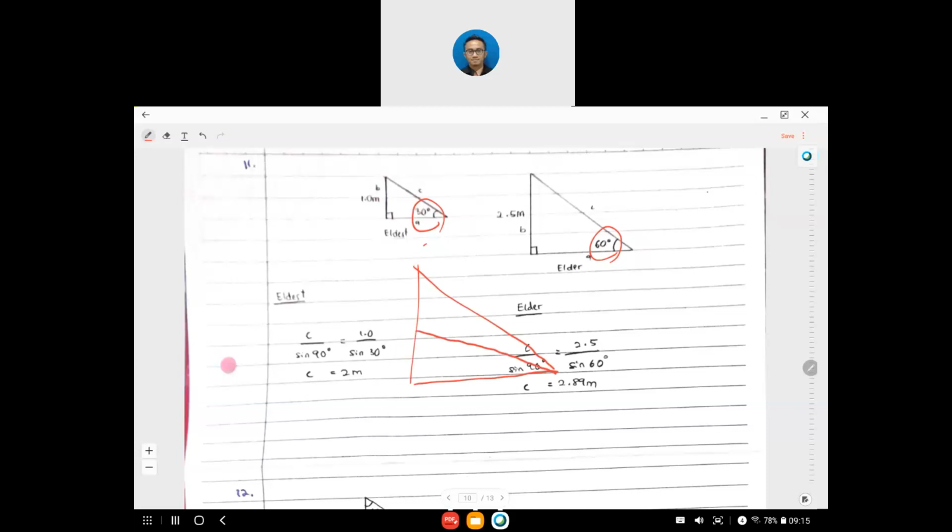Okay, so the first one is 30 degree. The second one is 60 degree. Roughly like that. Okay, because it is to the ground. You made a mistake here. And then here is 2.5 and here is 1.